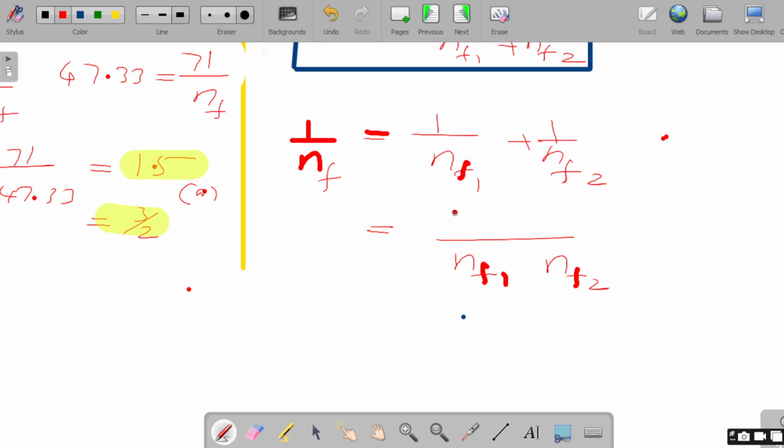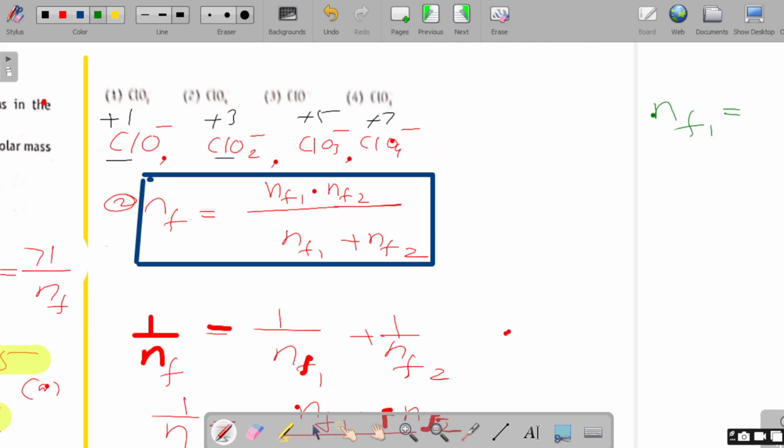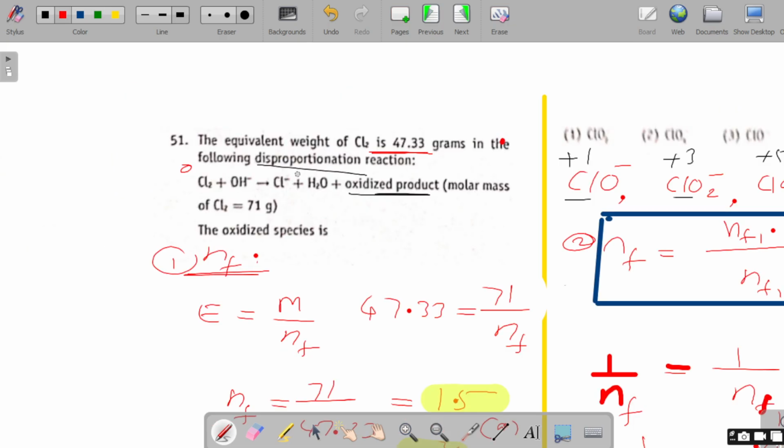So in this formula, now let us see what nf1 is. Let me write here nf1. What is nf1, how you are getting it is this. In this equation you see the oxygen here goes from 0 oxidation to -1.